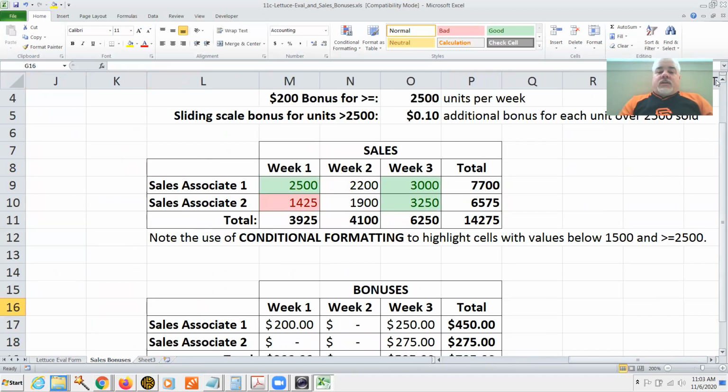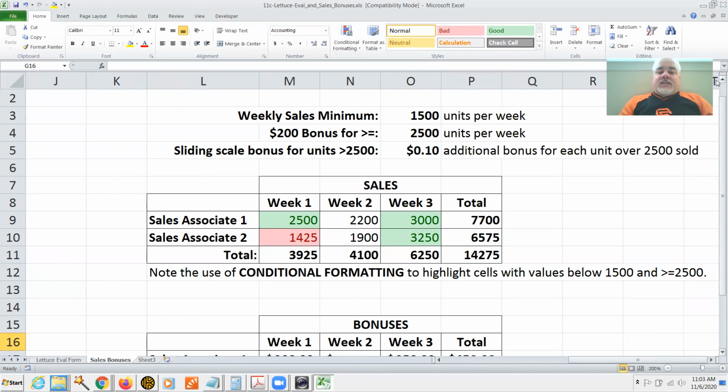So we've got the exact same scenario, except you're going to get the 2,500 threshold for a bonus, and you do get your $200, but then for every single unit above 2,500, you get an additional 10 cents.